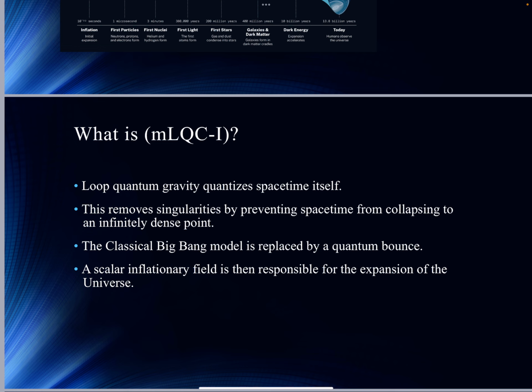So what loop quantum gravity does, the main idea is we no longer think of space-time as this smooth, continuous fabric like we do when we're considering it from a general relativity point of view. Instead, we think of it as having discrete units of length.